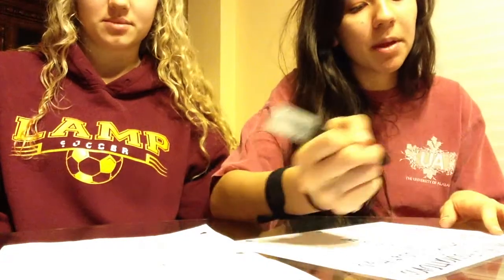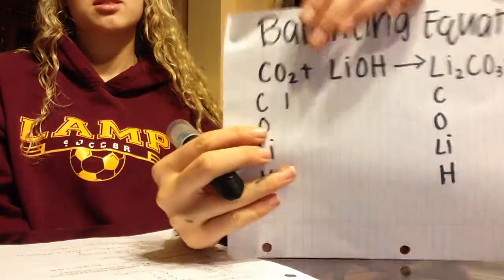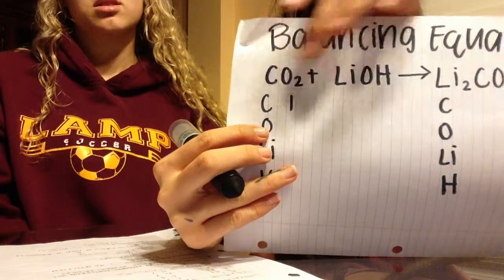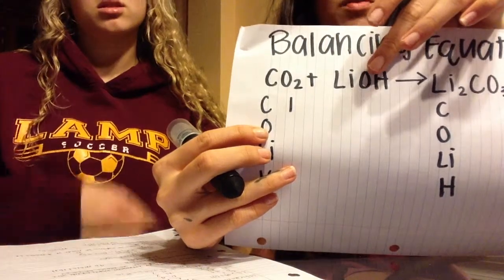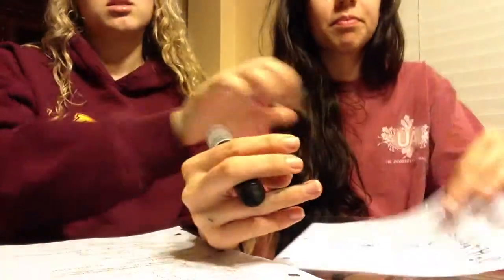So next to carbon, we only have one atom of carbon, so for carbon we have 1. For oxygen, because there's 2 over here and 1 right there, that makes 3.